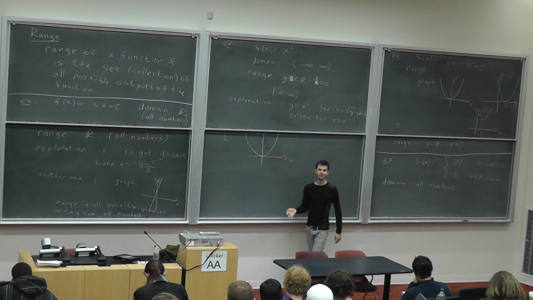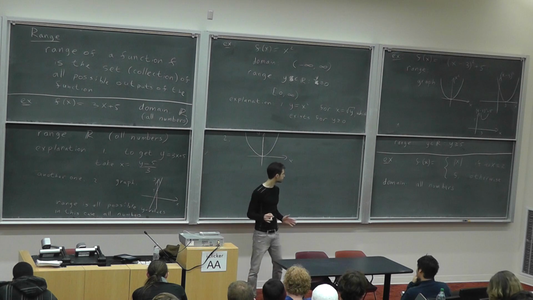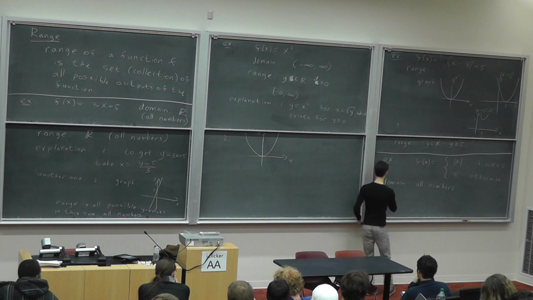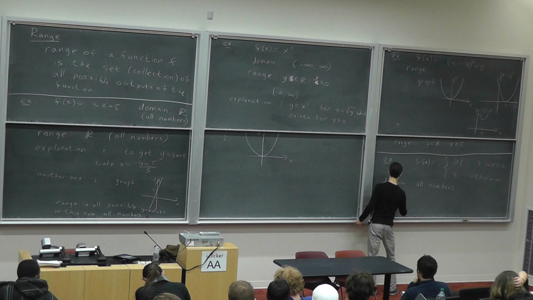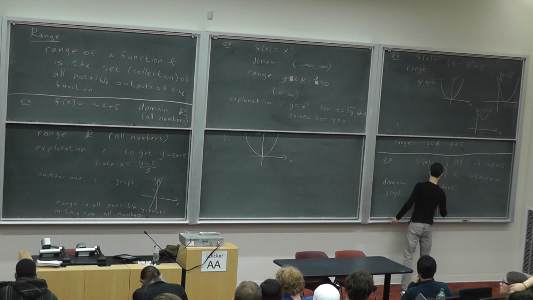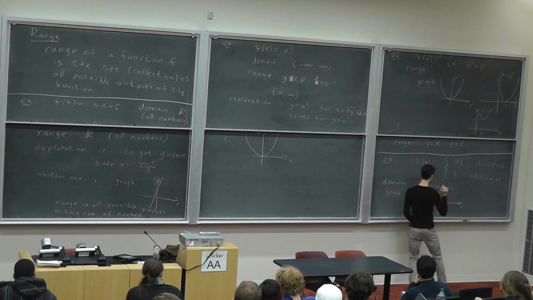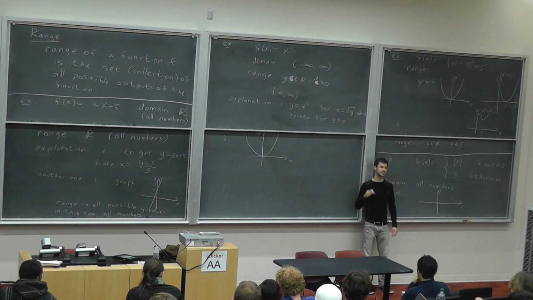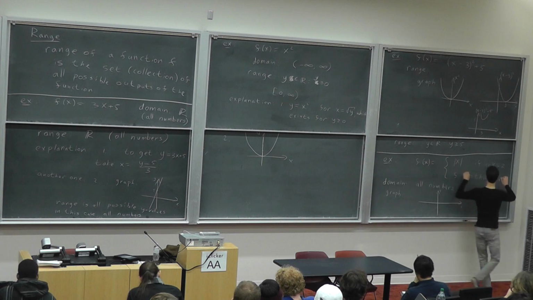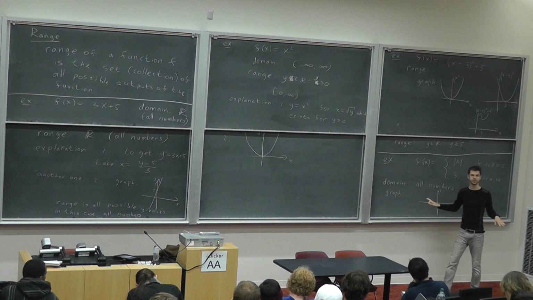Well, for the range, it's a little bit more interesting. So let's sketch the graph of this function. I have two distinct definitions of this function depending on whether x is between -1 and 2 or if it's outside of this interval.